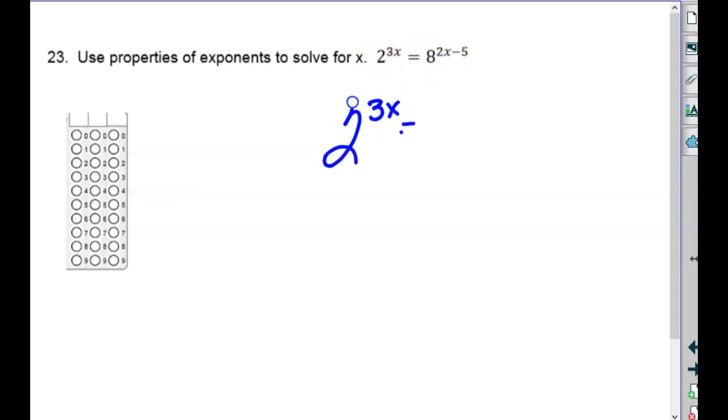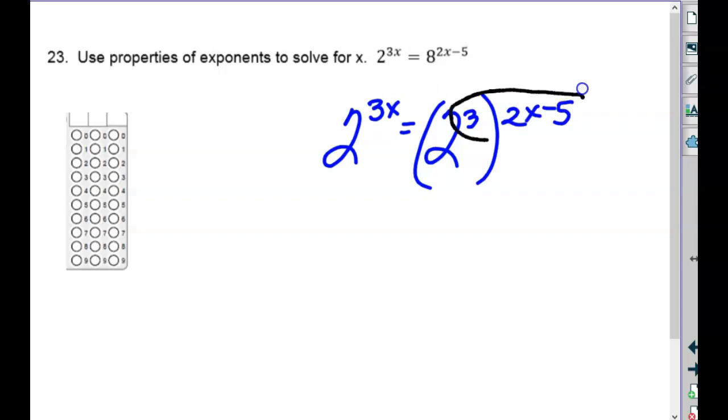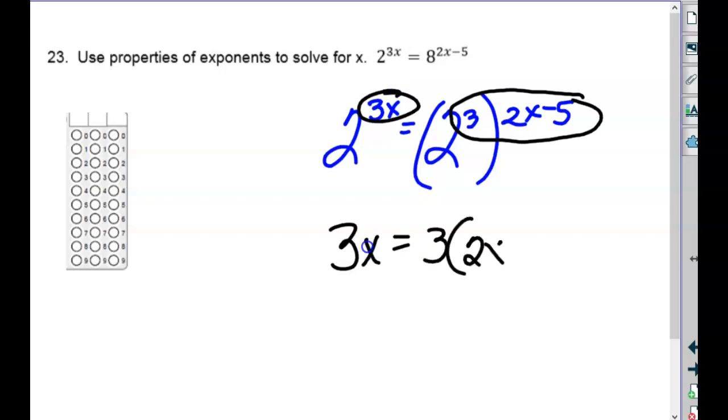So 2 to the 3x equals 8 is 2 to the 3rd. And then remember, you're multiplying these. And they have the same base now, so we can set these equal. 3x equals 3, and this is the one everybody forgets to distribute on.